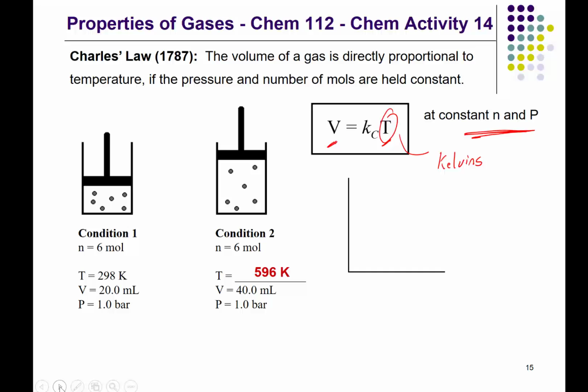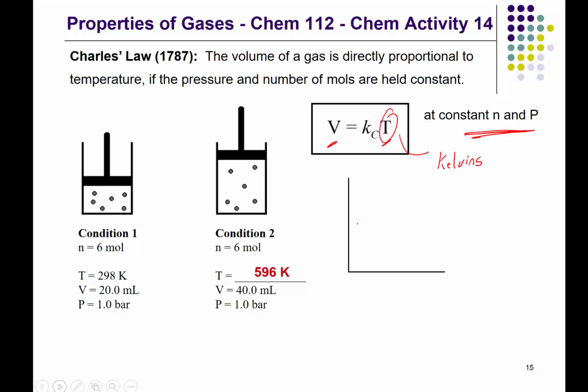And again, the reason why this happens is, in order to keep the pressure constant, if we have a higher temperature where particles have a greater average kinetic energy and are moving faster, we need a bigger volume. And as it turns out, these are directly proportional.